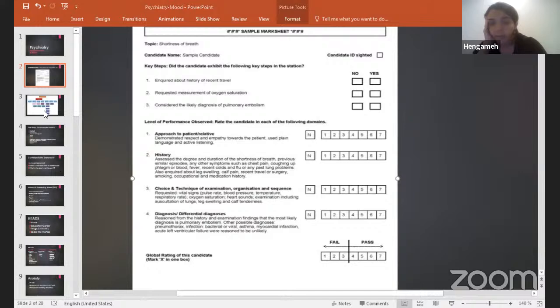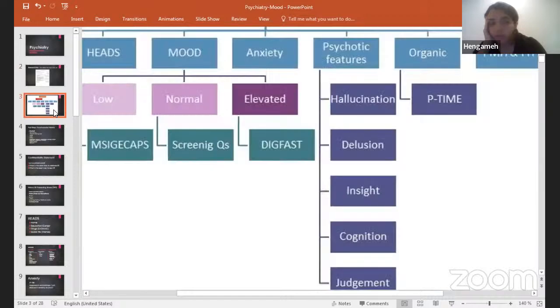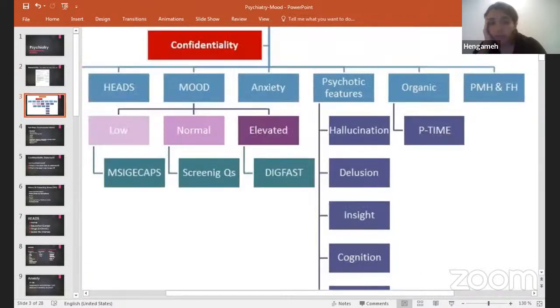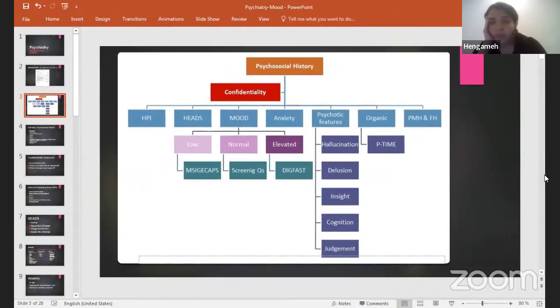All right. Now let's go to our psych. So this is an algorithm. Again, this is not from any website or anything. This is made by myself, just to make things easier. This is just a recommendation of what I suggest, but by no means do I think there's a right or wrong way.